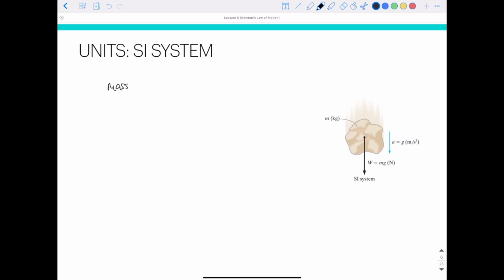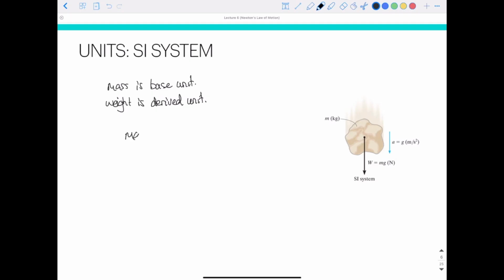So mass is a base unit, and weight is a derived unit. What I mean by this is typically mass we'll just call grams or kilograms. So we don't use any other unit system to define mass. It's its own unit, so we call it a base unit.